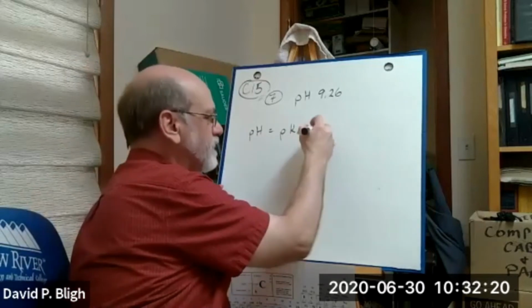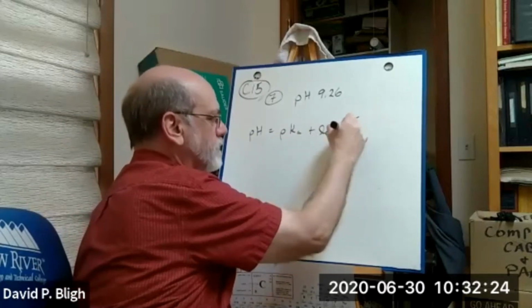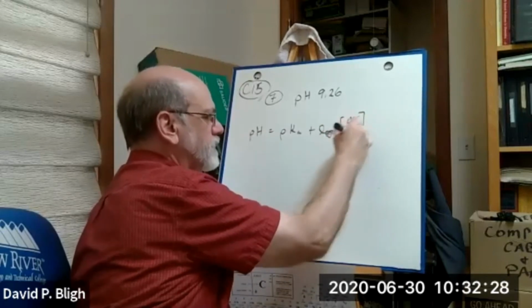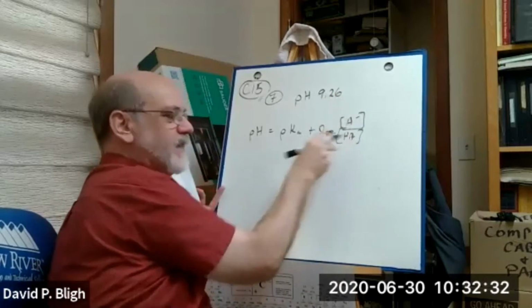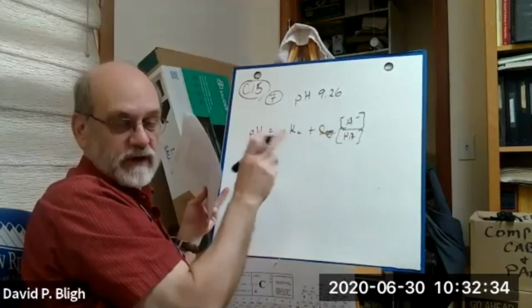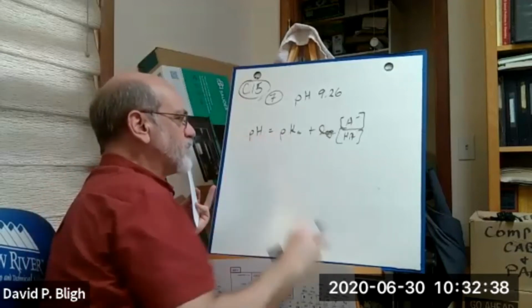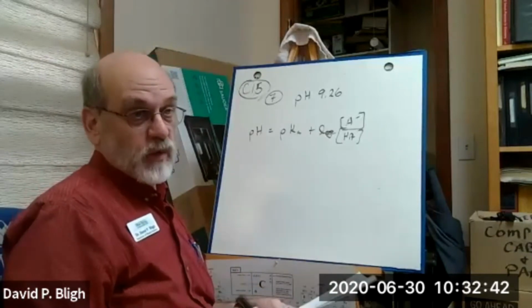And then this part of the expression is that ratio. And if we make those equal, then this goes away. And that's the perfect, right dead center in the buffer region. So we're looking for a pH equal to pKa for the weak acid or the weak base.